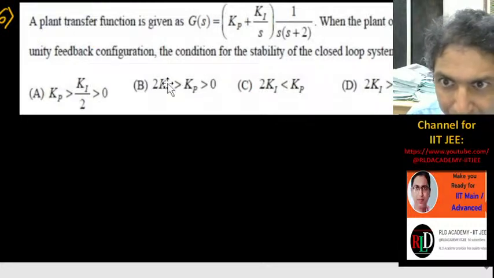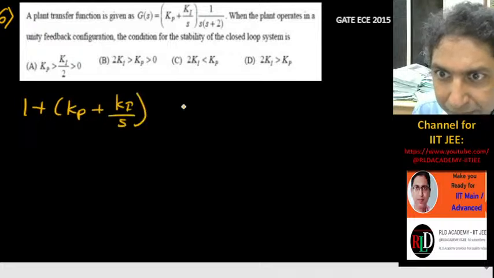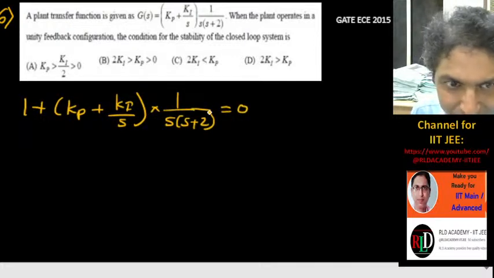Okay. So okay, let me do these things quickly. So what is the GS HS? 1 plus GS should be equals to 0. So 1 plus Kp plus Ki upon S into 1 upon S into S plus 2, that should be equals to 0. Okay.